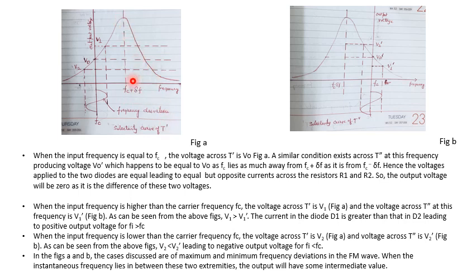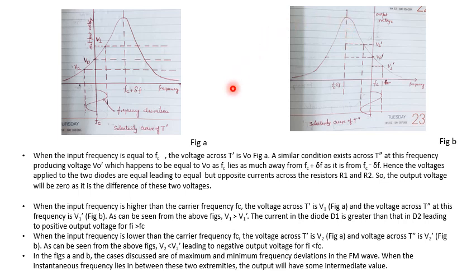So at this frequency there is the peak of the selectivity curve, and this figure shows the selectivity curve of tuned circuit T double dash, which is tuned at Fc minus delta F. So at frequency Fc minus delta F, the peak of the selectivity curve falls.